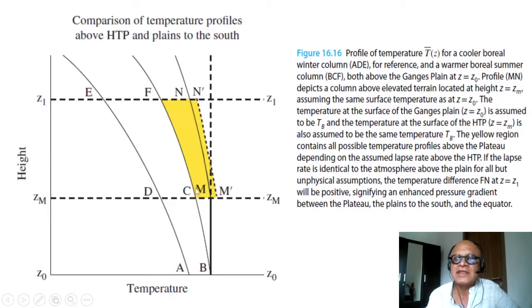If the lapse rate is identical to the atmosphere above the Ganges plain, then for all but the unphysical assumptions, the temperature difference between F and N at Z equal to Zn, above the plateau and above the Ganges plain, is positive, which means the profile above the plateau is warmer than over the Ganges plain. Okay, which basically means you have dT/dy here.